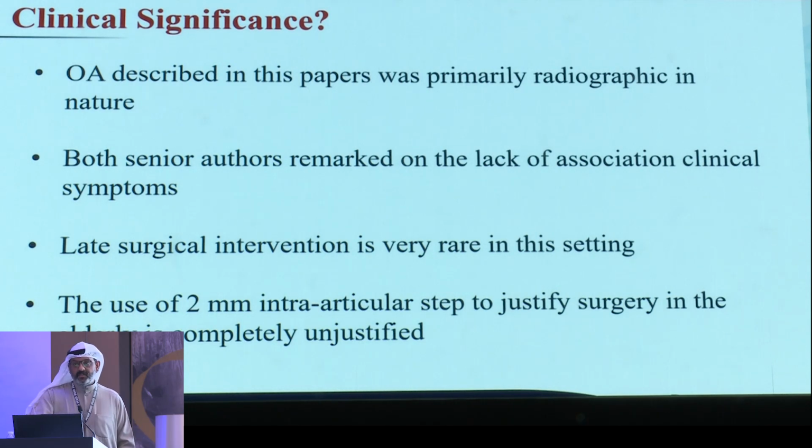Late surgical intervention with fusion or wrist arthroplasty is very rare. So using a 2 millimeter intra-articular step to justify surgery in the elderly is completely unjustified, because these two senior surgeons talk a lot on podiums and in courses about the results that they had before.